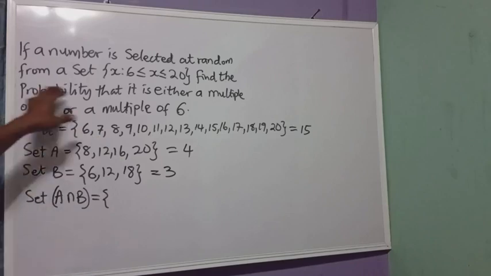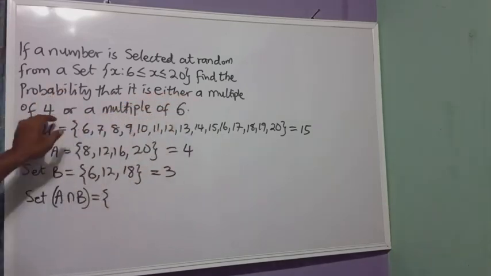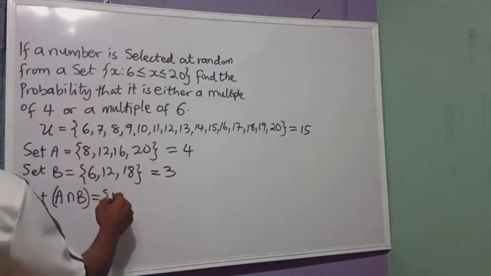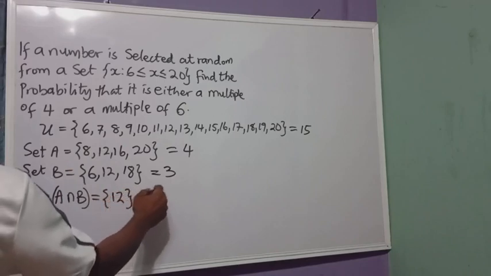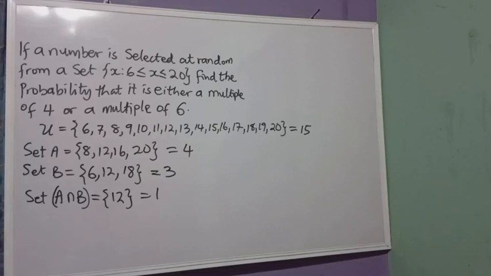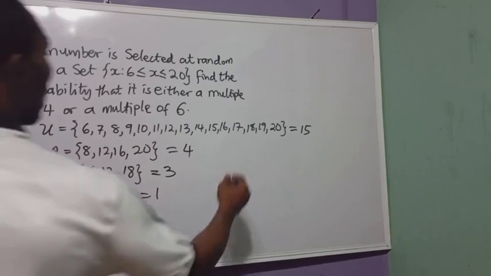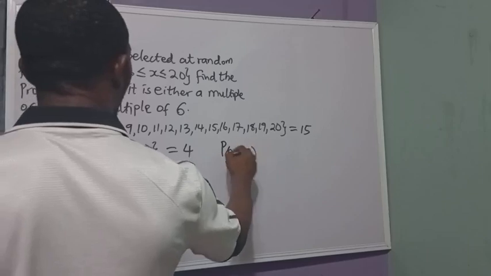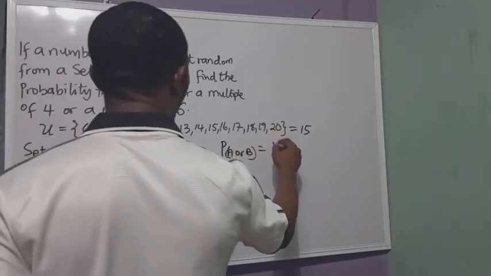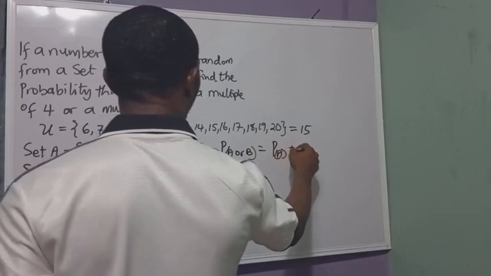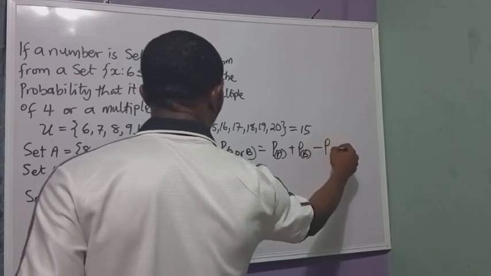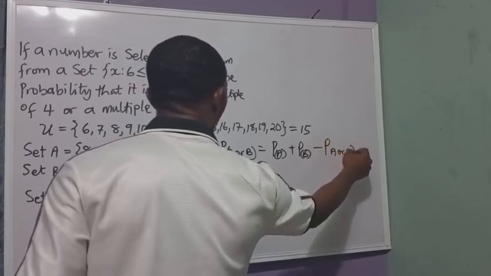We can see that 12 is our only intersection, so A intersection B will be 1. Now, back to our formula: the probability of A or B is the probability of A plus the probability of B minus the probability of A and B occurring.